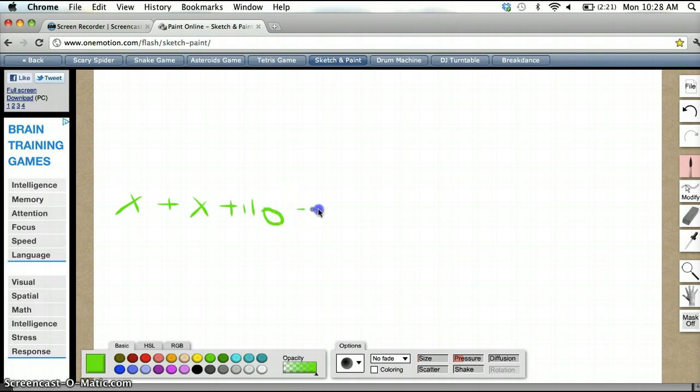And set that equal to 360 degrees. This is my first time. Give me a break. So we will then combine like terms and solve for x. So we will get 2x plus 110 equals 360 degrees.